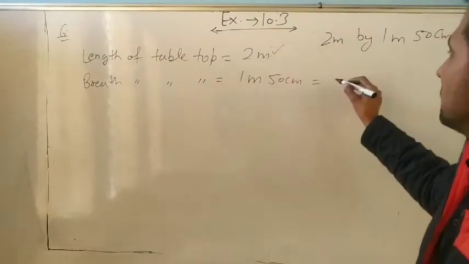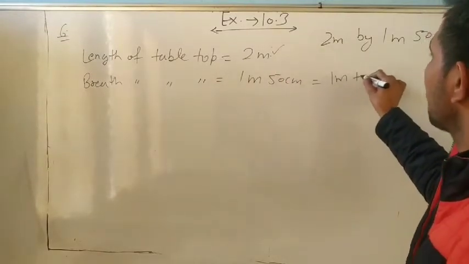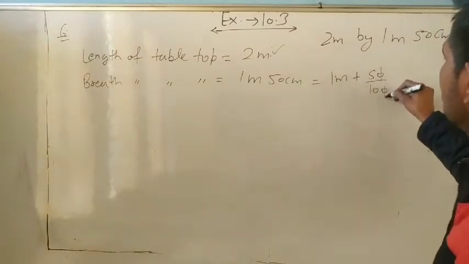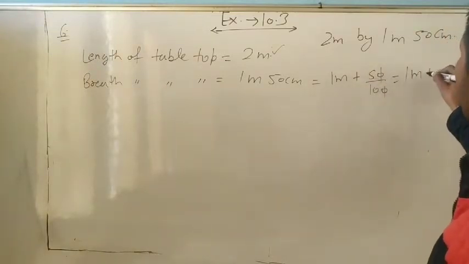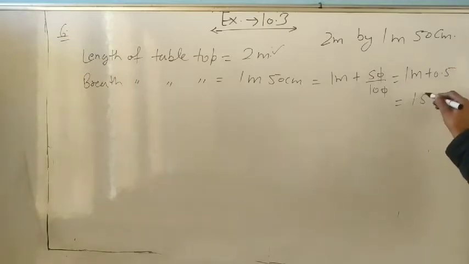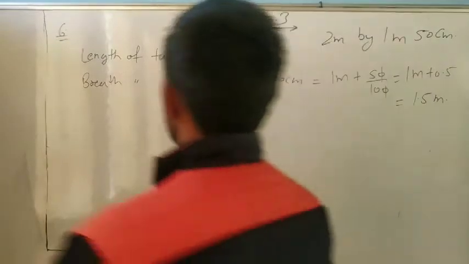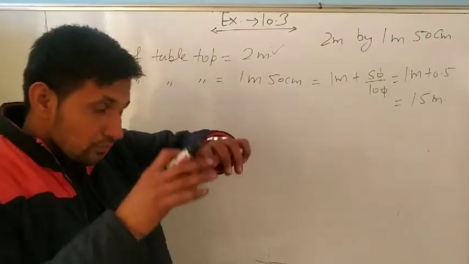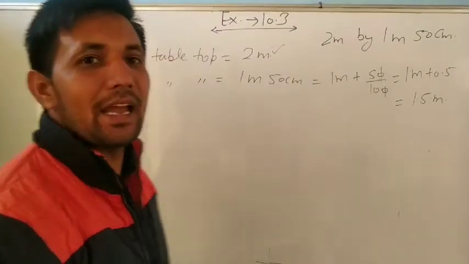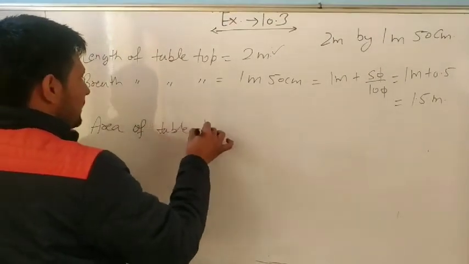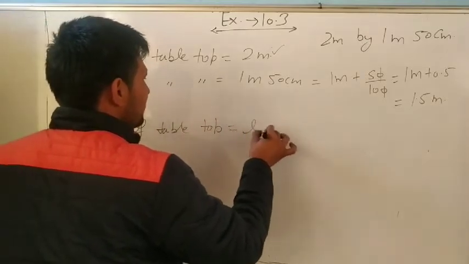It is in meter, so we will change to meter. 1 meter plus 50 centimeter means 50 divided by 100. 0 cancel 0. So 1 meter plus 0.5 becomes 1.5 meter. So area: the tabletop is always like a rectangle. So area of tabletop is length into breadth.